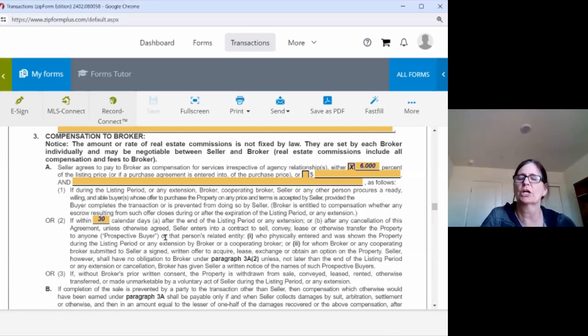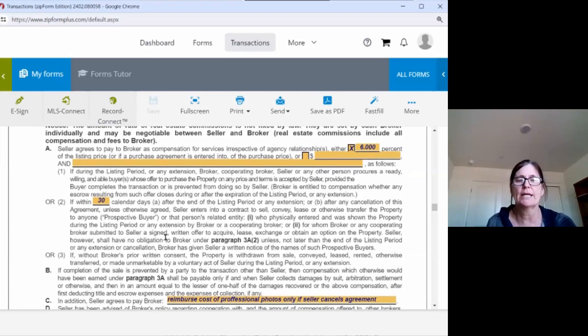And so you might have marketing expenses. You might have printed flyers. You might have run social media ads. So yeah, you could definitely have some marketing expenses, which is just the cost of doing business. And hopefully in the process of marketing this home, you were able to pick up some new buyers or sellers or leads. And so in that aspect, it would have essentially paid for itself, hopefully.